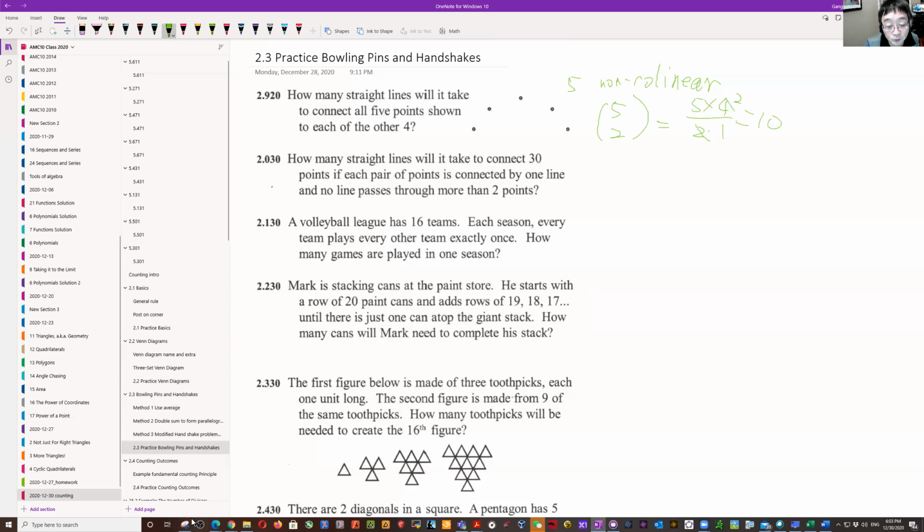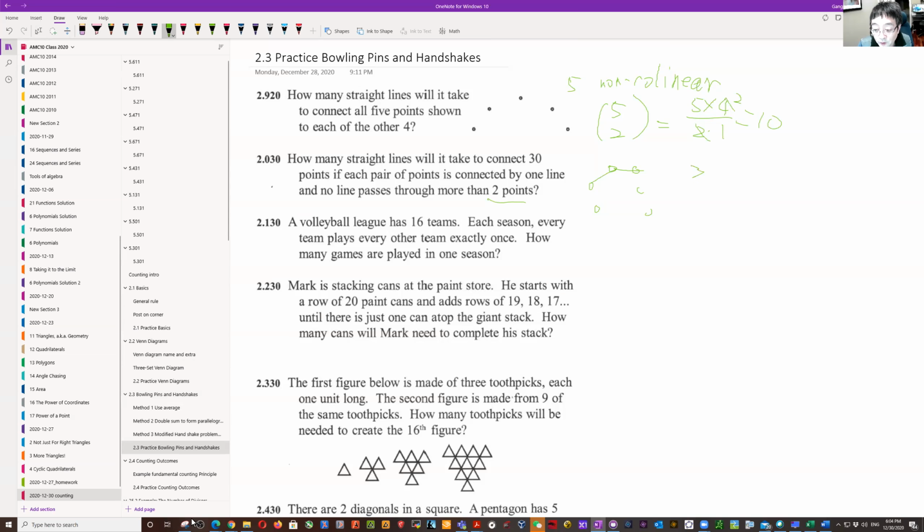The second problem: how many straight lines will it take to connect 30 points if each pair of points is connected by 1 line and no line passes through more than 2 points?